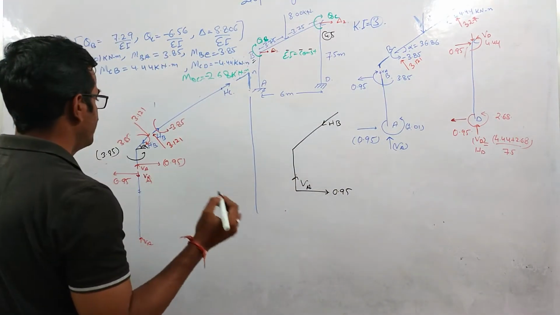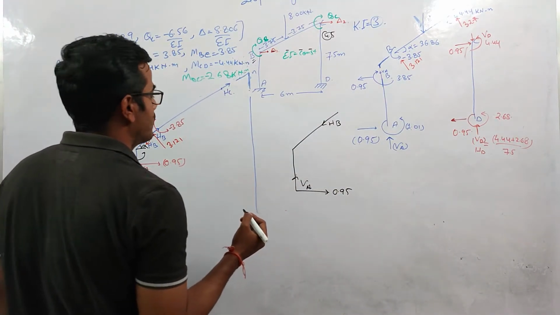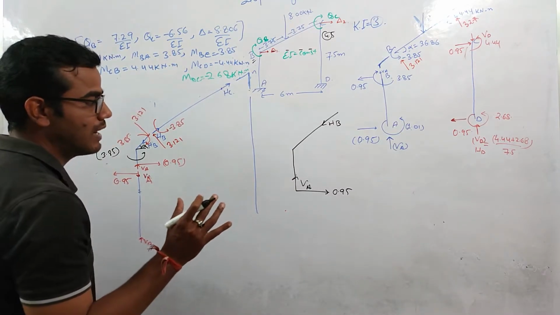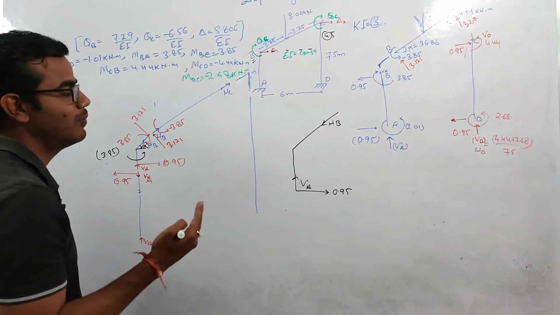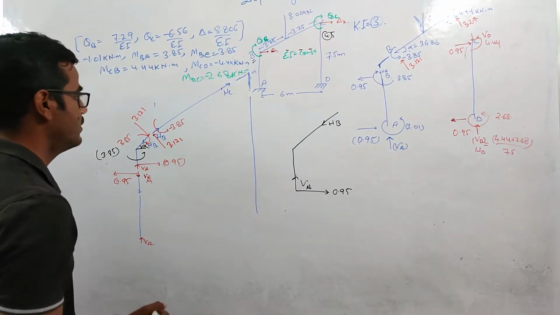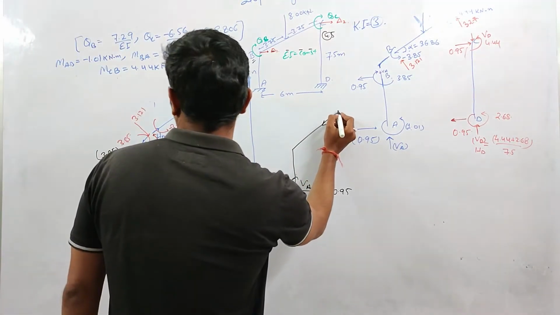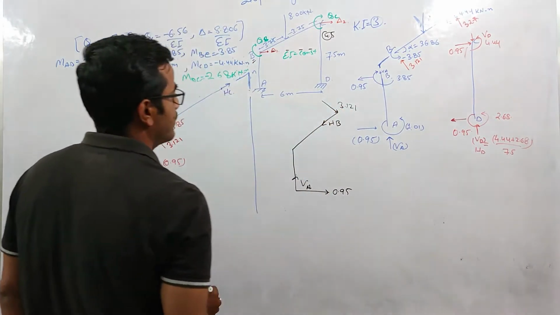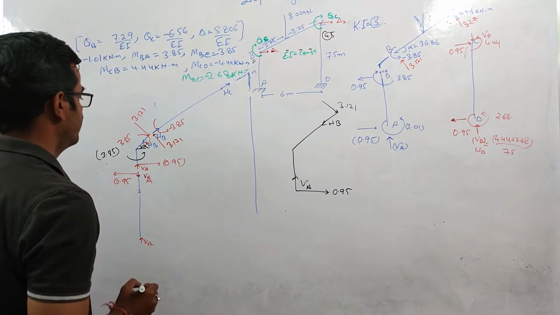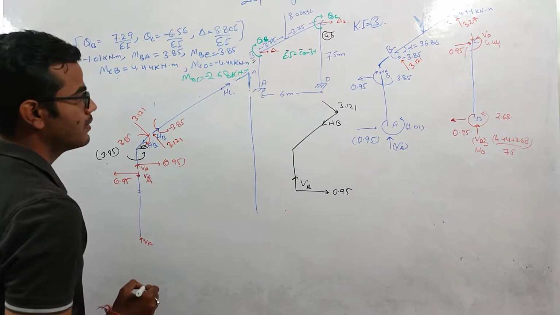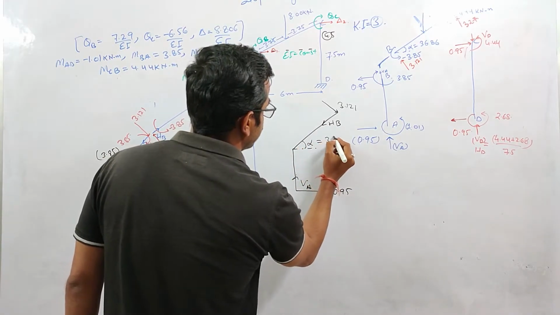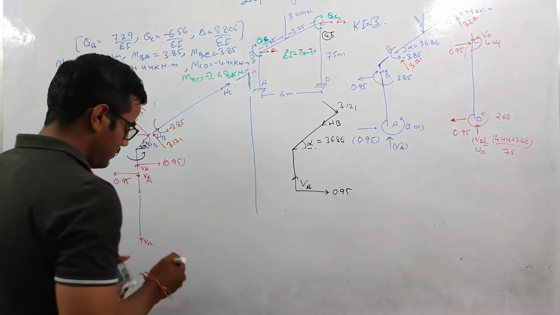We don't require the moment right now. We'll calculate these forces by simply taking equilibrium along x and y direction. This is 3.121, and this is alpha, which is 36.86, right?